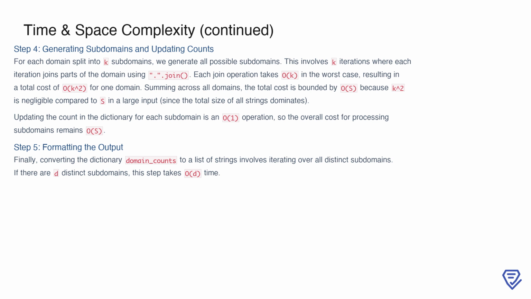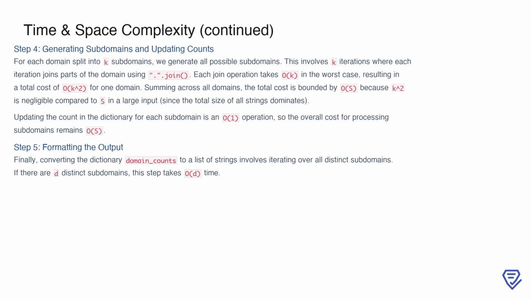Once the domains are split, we generate subdomains and update their counts. For each domain split into k parts, we create subdomains by joining these parts in k iterations. The join operation takes O(k) time in the worst case, resulting in O(k²) for a single domain. However, across all domains, this cost is bounded by O(S), as the total string size dominates.